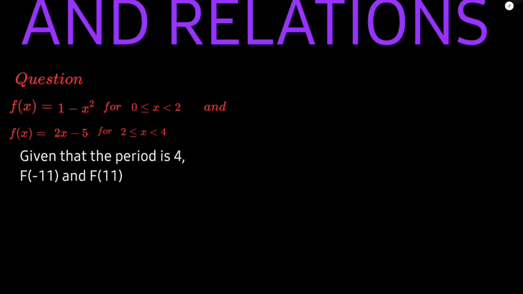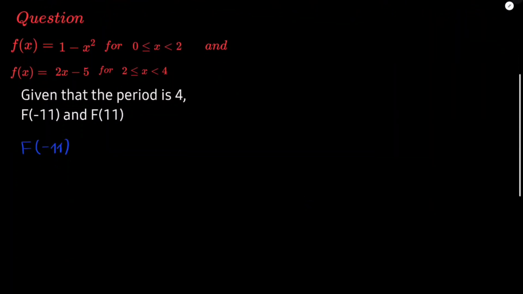To do this, let's take the first one, that is f of minus 11. Now, let's look at our ranges. The first one ranges from 0 to 2. The second one ranges from 2 to 4.